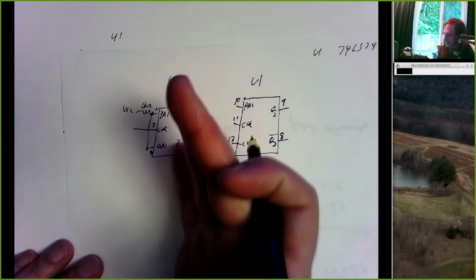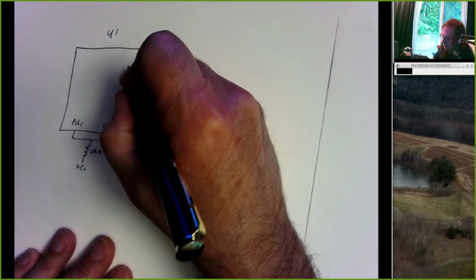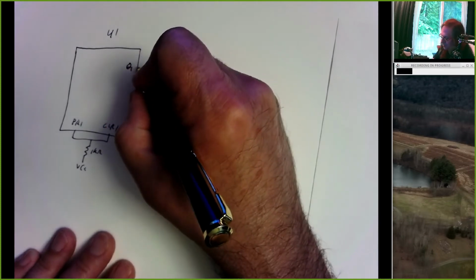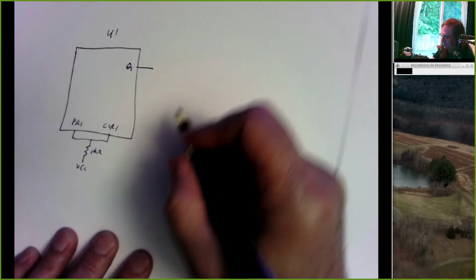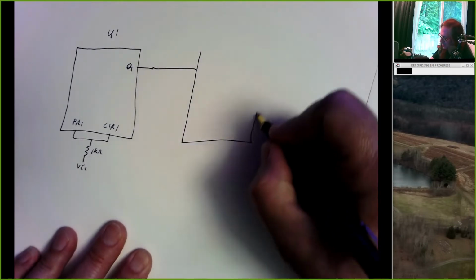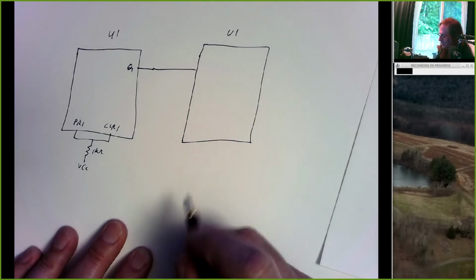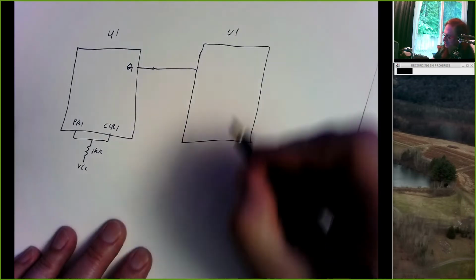I'm not going to worry about Q1 bar. I'm just going to need Q1, so I'm going to put Q1 right here and bring that out. And over here I'm going to have my second D flip-flop. Oh, I didn't mean to draw that wire yet, but we're going to draw that wire in a second.